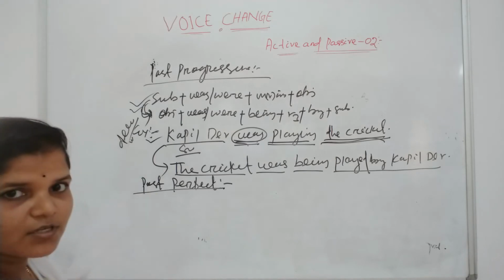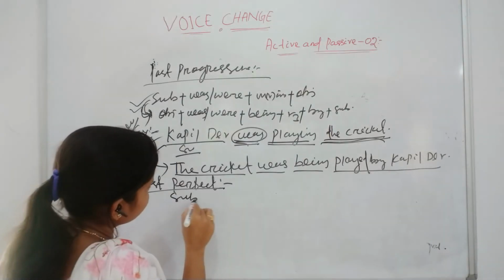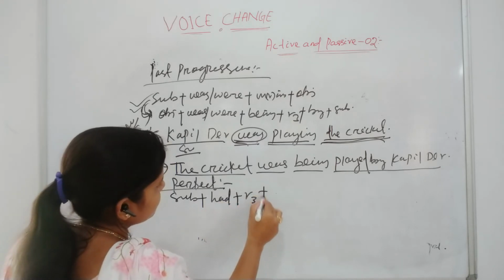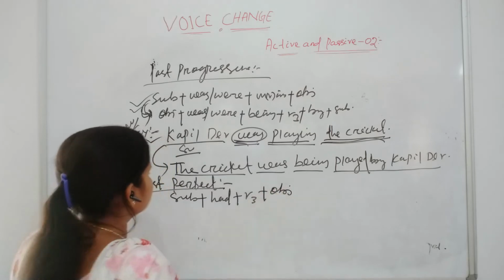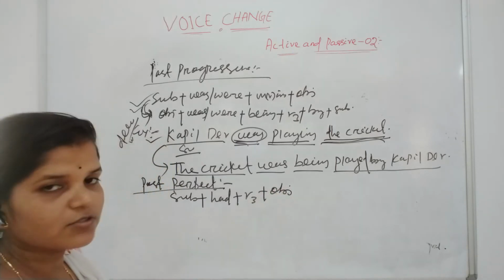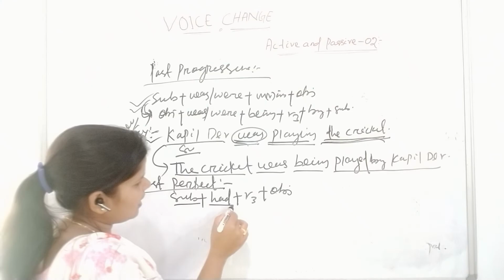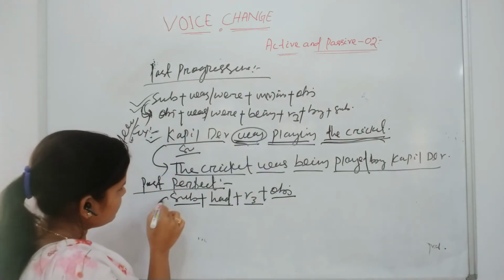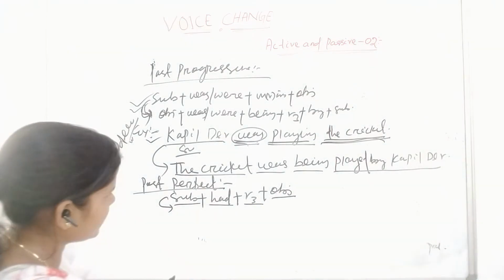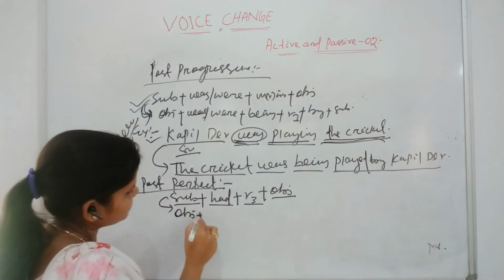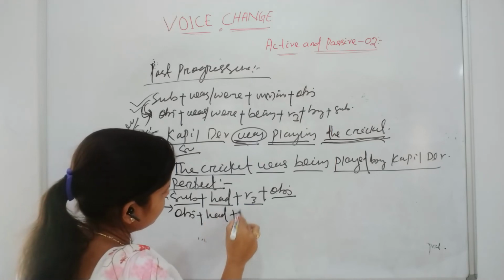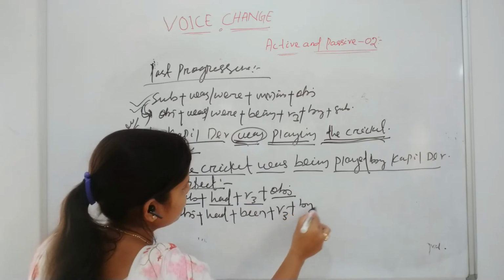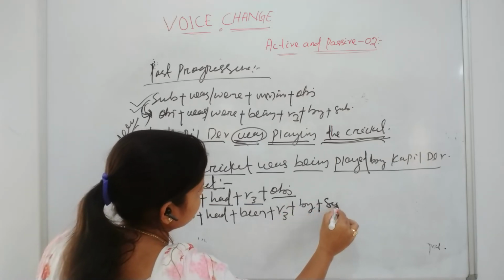Past perfect active structure is subject plus had plus V3 plus object. Whereas converting active to passive, the passive structure is object plus had plus been plus V3 plus by plus subject.